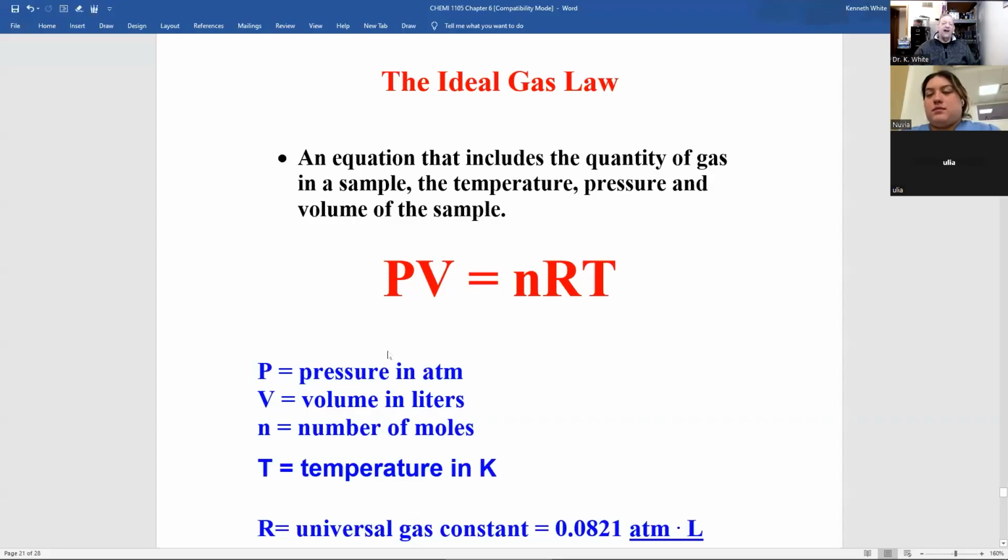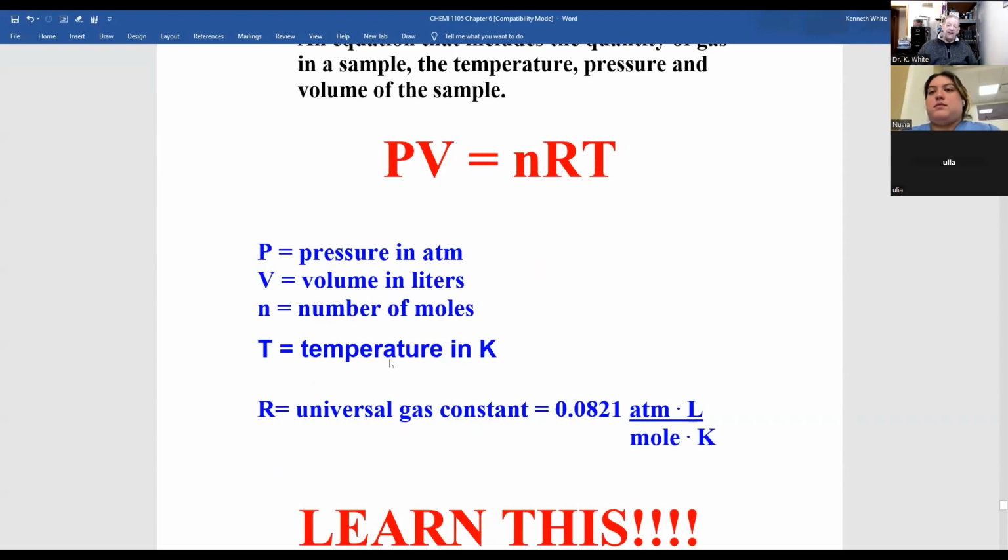And the ideal gas law is PV equals nRT. P is pressure in atmospheres, V is volume in liters, n is the number of moles. But you're going to be given weight, so you're going to have to know how to go from weight of a compound to moles, which I hope you learn for tomorrow for test number 2.